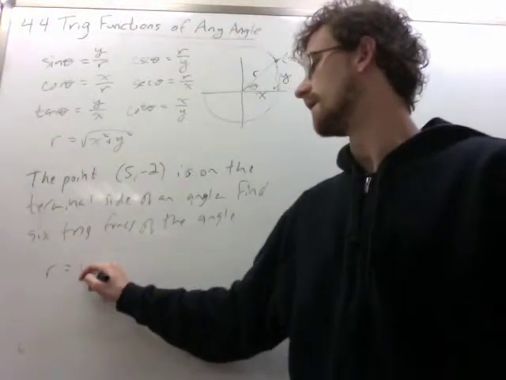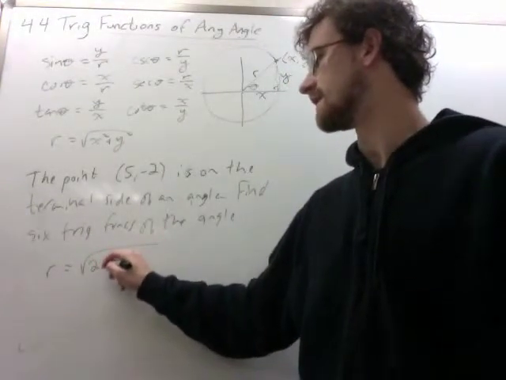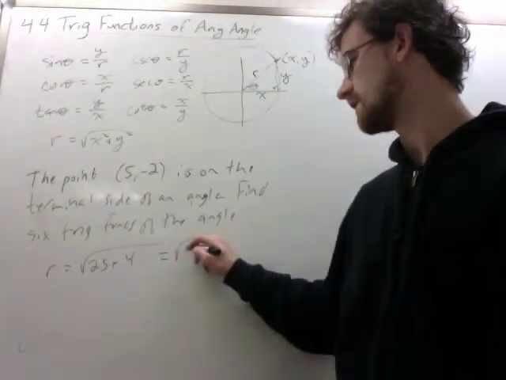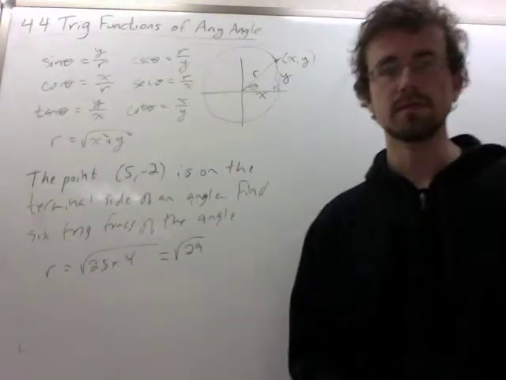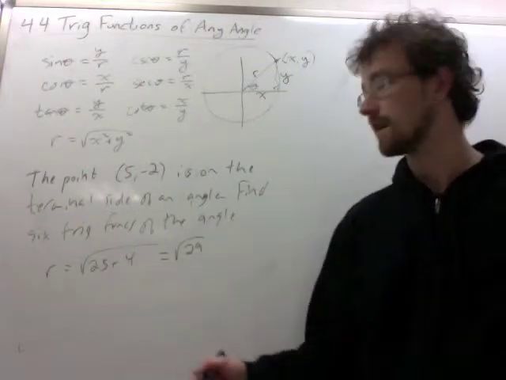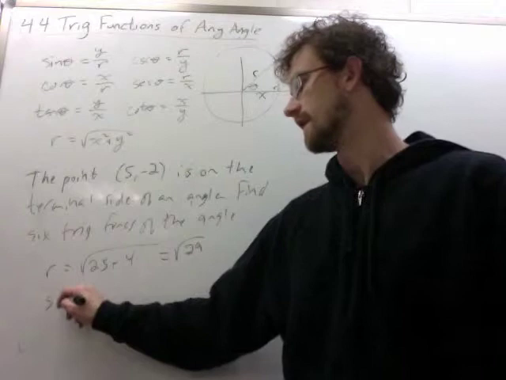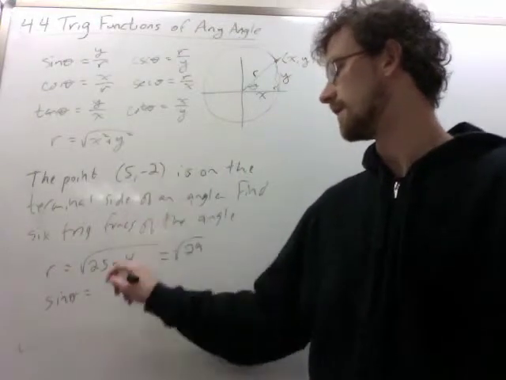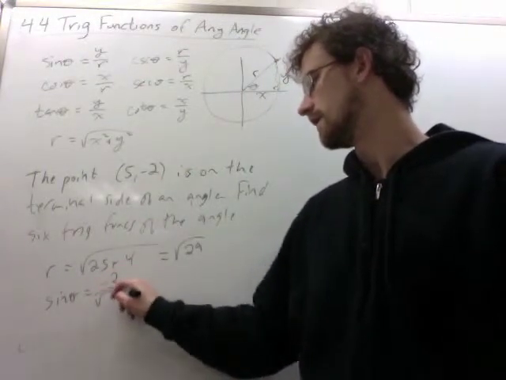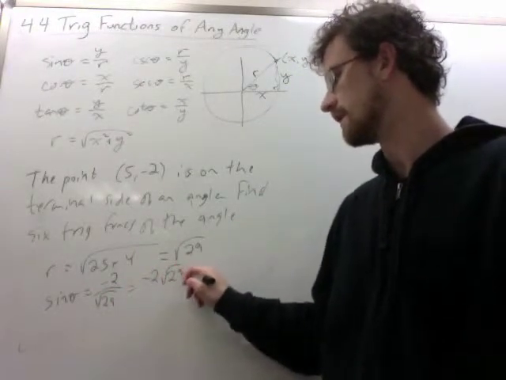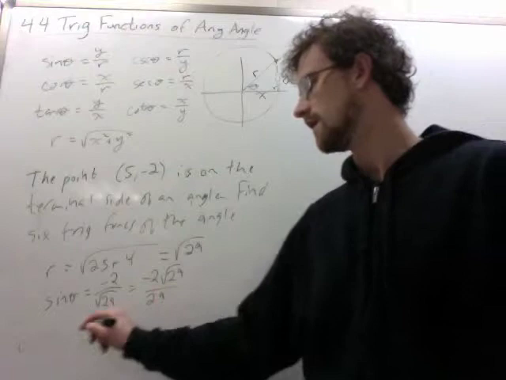R, our radius, is just the square root of the x-coordinate squared plus the y-coordinate squared. So r is root 29. And once we have r, then we can just write out what each of our 6 trig functions is. Sine of theta is the y-coordinate over r, which rationalizes to -2 root 29 over 29.